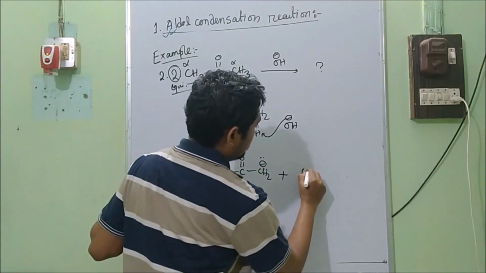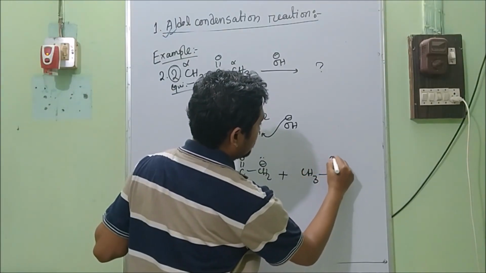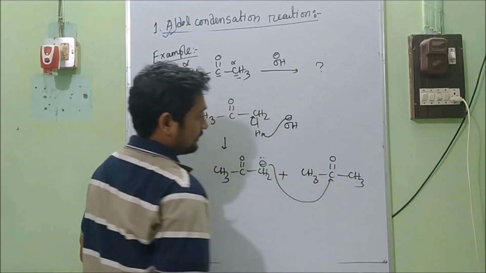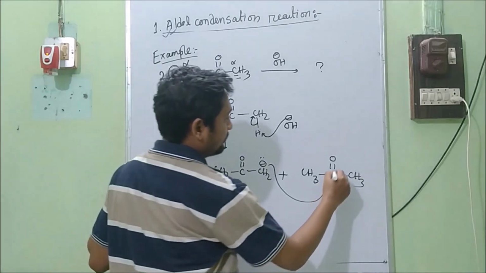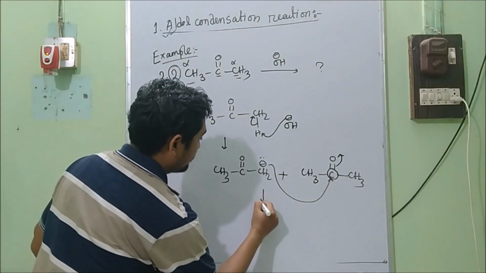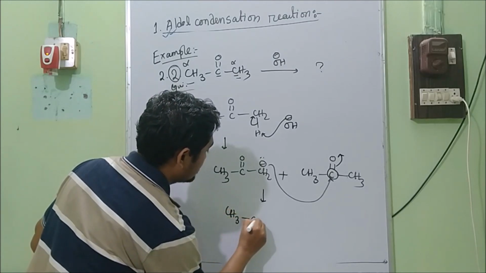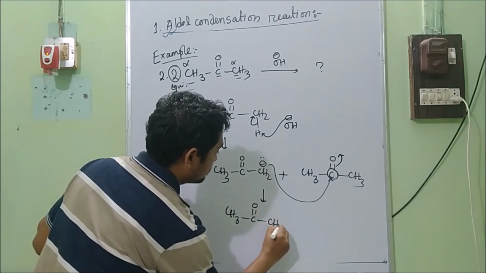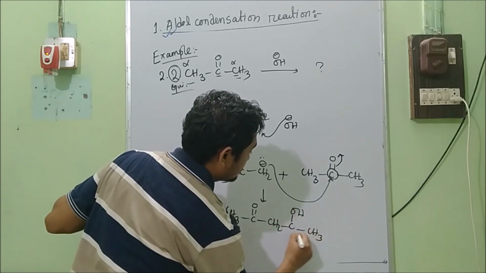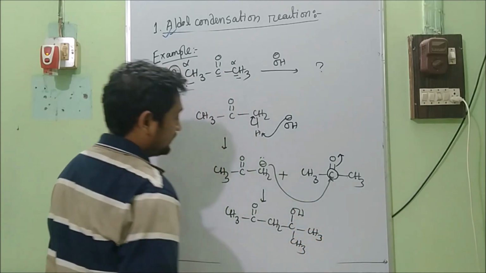Now, because we will always take two equivalents, another molecule will be there where this negative charge will attack this carbonyl group because it is electron deficient. So electrons will move towards oxygen. Now CH3CO CH2 COH CH3 CH3.